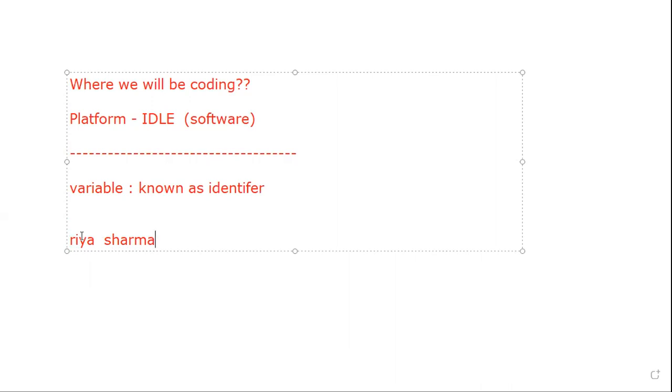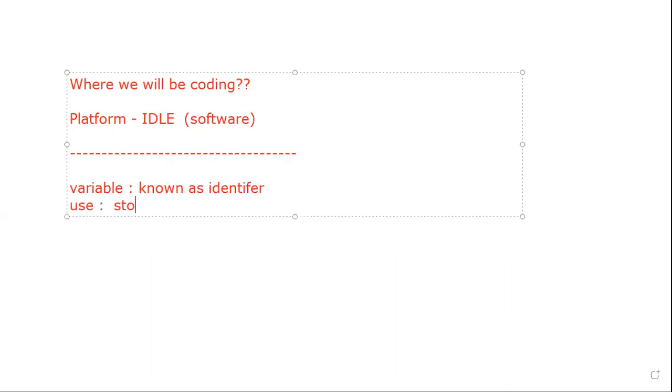Like my name is Riya Sharma, I study in this standard and I'm from this school, right? So Riya is my identifier, right? If someone wants to ask me some question, and I'm in a crowd, they will say Riya, please stand up. So Riya is the identifier. So basically it is called an identifier. What is the use of a variable?